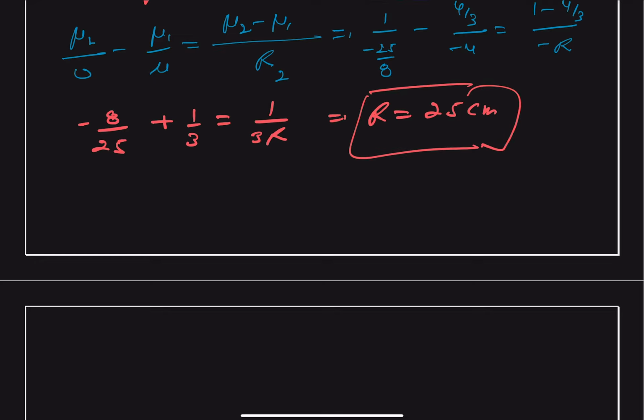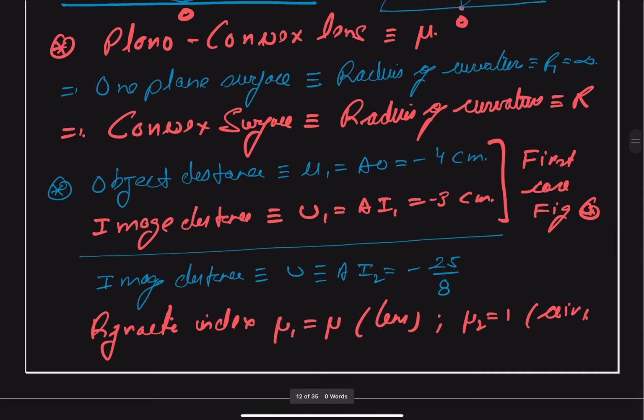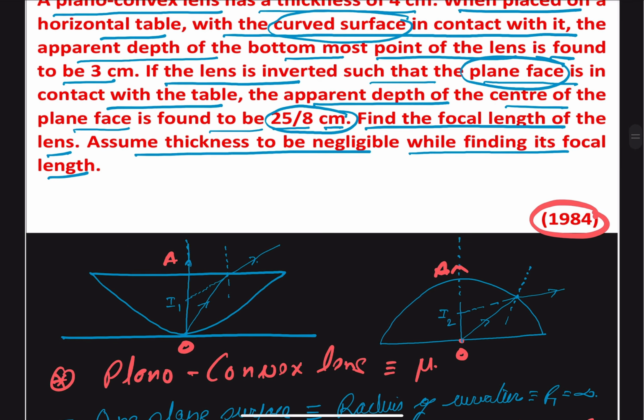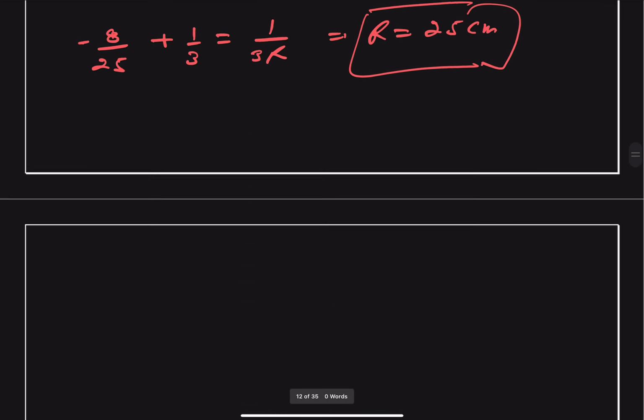And we have to find out the radius of curvature, and we have to find out actually the focal length. So we just found out the radius of curvature. Now we can easily find out the focal length.